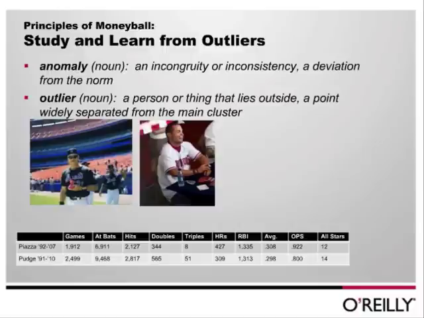An anomaly is something that is inconsistent with or outside of what you expected, but basically has no explanation and really is just a random occurrence. Whereas an outlier is something that lies outside of the normal distribution or the normal sequence of events or expected events.